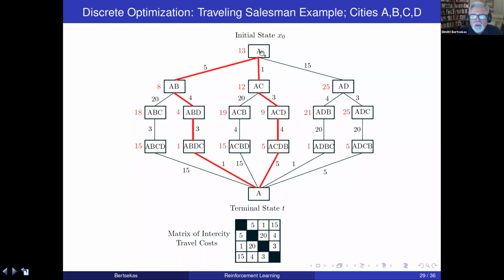So initial state is A. States at stage 1 are 2 city schedules, 3 city schedules, 4 city schedules, and then we have to pay a terminal cost, which is the cost of going back to the city A, okay? So this is the terminal state. These are the terminal costs, and these are the corresponding costs to go, costs to terminate. They are obtained from this matrix.